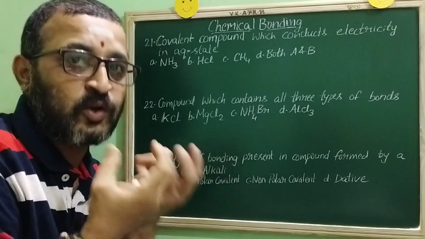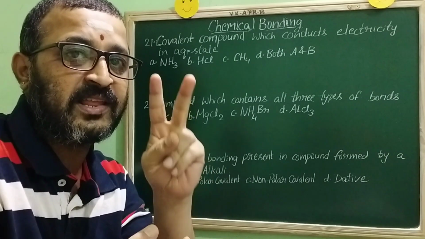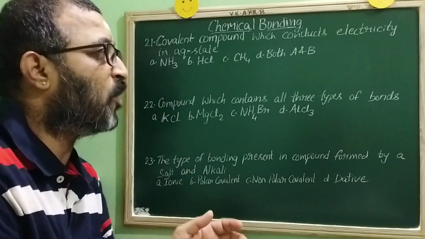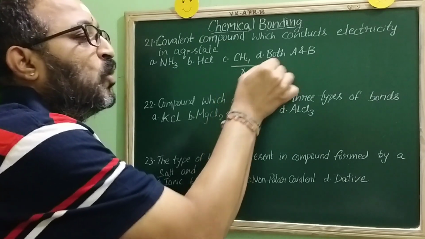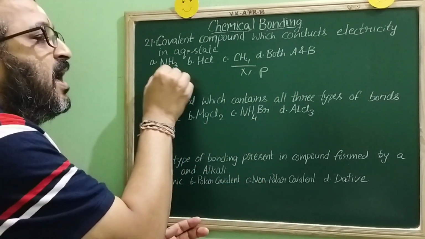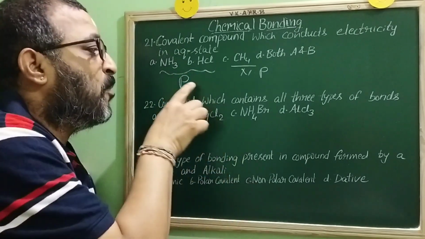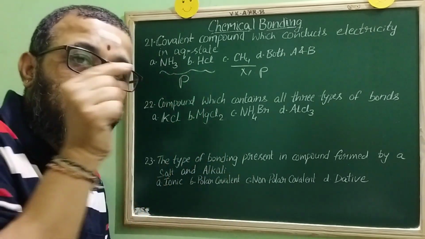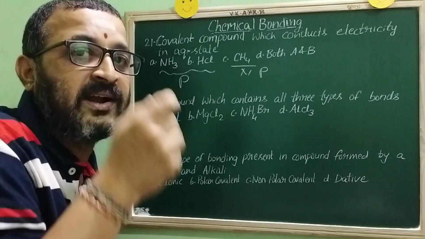Children, we all know that in covalent compounds we have two types. One is polar covalent compounds and another one is non-polar covalent compounds. So we know that methane is a non-polar covalent compound and ammonia and HCl are polar covalent compounds. That is, polar covalent compounds will produce ions when dissolved in water, therefore they conduct electricity.